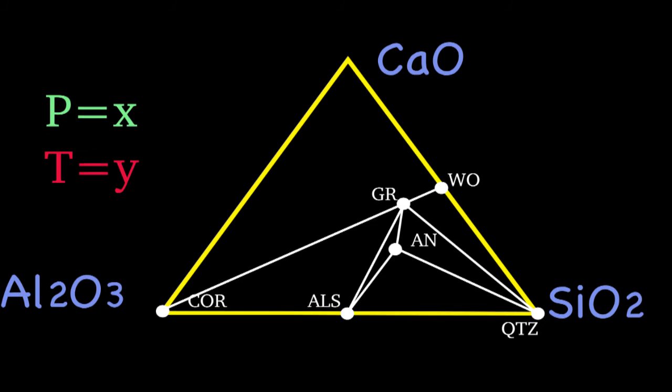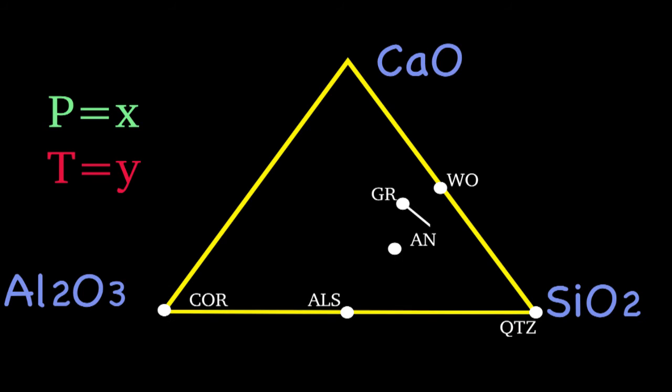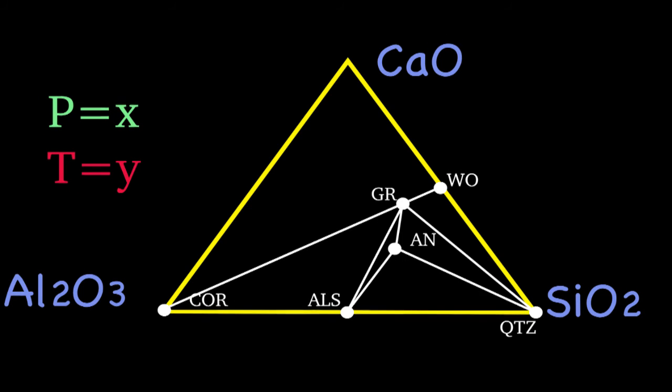We noted that we have intentionally chosen a pressure and temperature condition that has 2 degrees of freedom, and thus the 3 chemical components will result in only 3 stable mineral phases here. Every triangle we can identify on our compositional diagram represents a possible stable mineral group for that pressure and temperature. A parent rock of one chemical composition may end up with minerals of corundum, grossular, and aluminum silicate at this pressure and temperature, while another rock composition will end up with grossular, anorthite, and quartz.